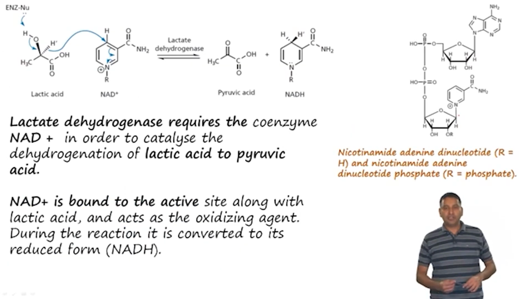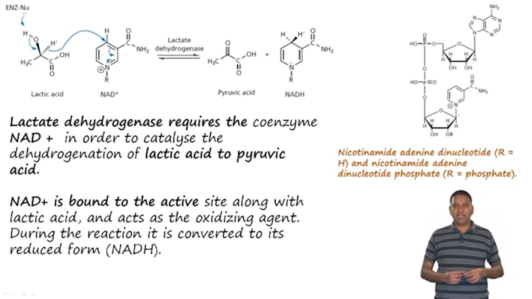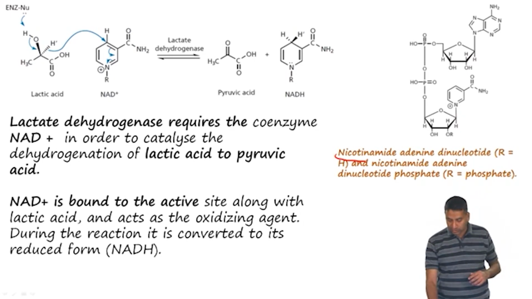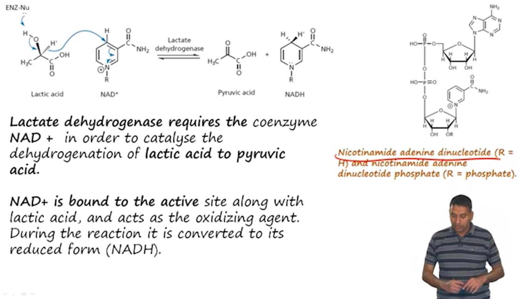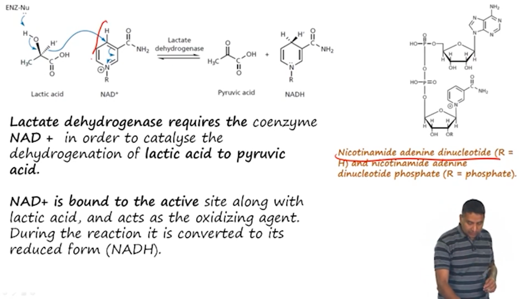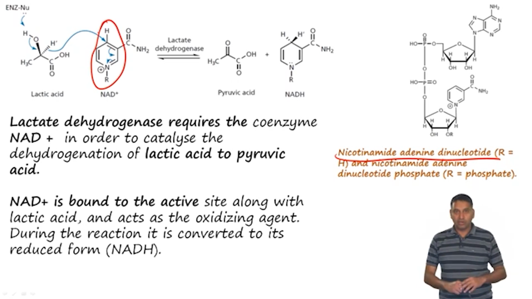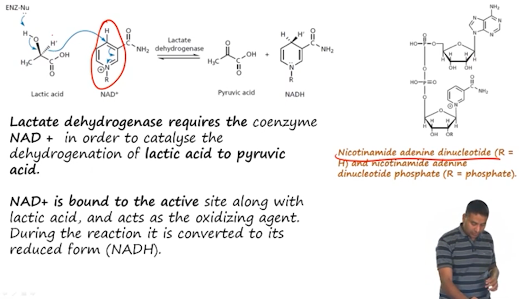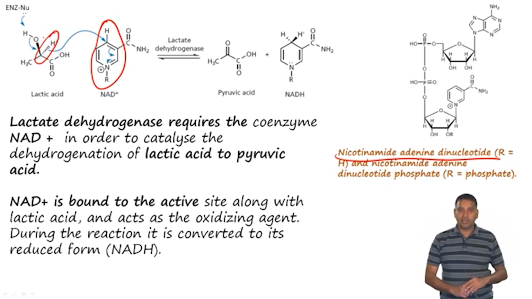The first example that we could look at is NAD, which is nicotinamide adenine dinucleotide, or its phosphate analog, which is called NADP. NAD is a very important cofactor, and you can see that it has a pyridinium ion as the main functional group. This pyridinium ion is an excellent acceptor of electrons, especially hydride.